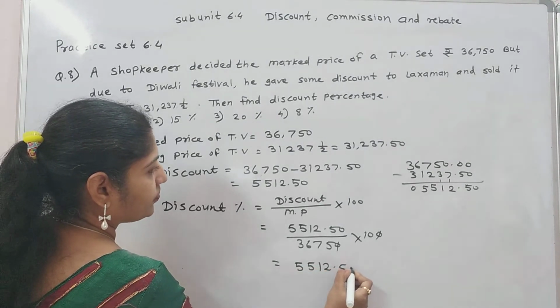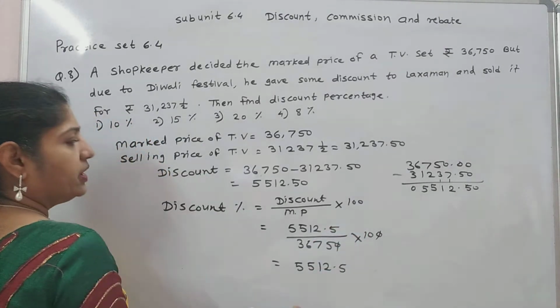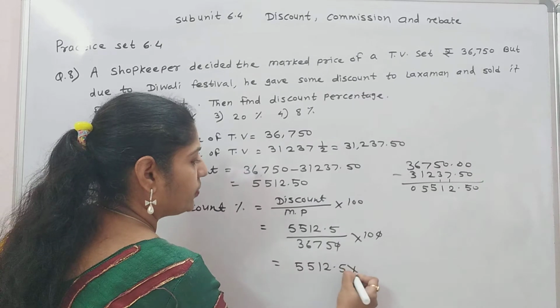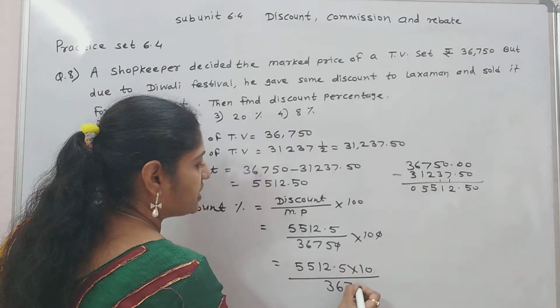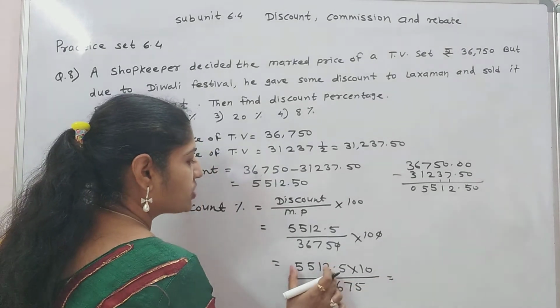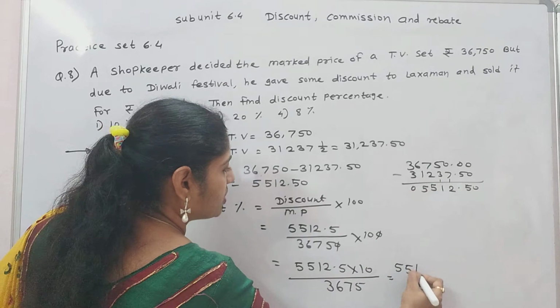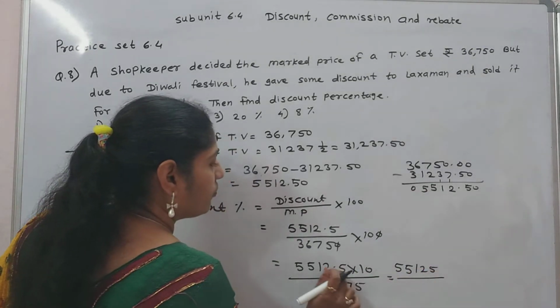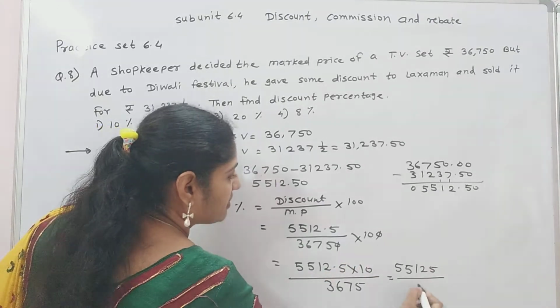5,512.5. No need to write a 0 into 10 upon 3,675. Multiplication of this by 10, so the answer is 55,125. One decimal place into 10, so no need to write the decimal place.